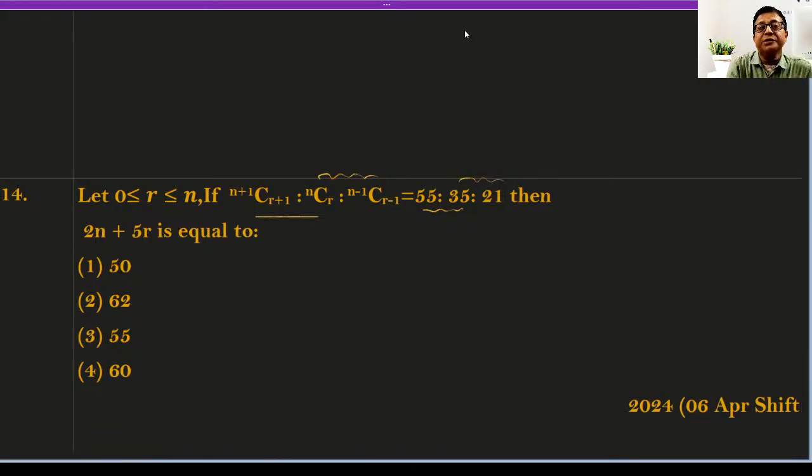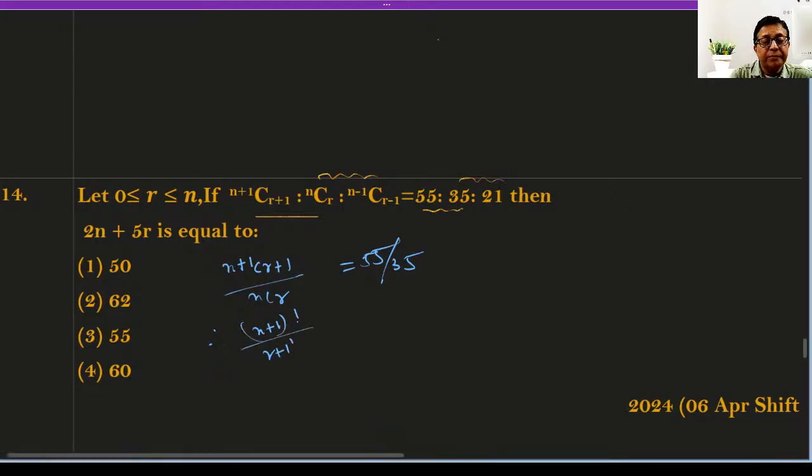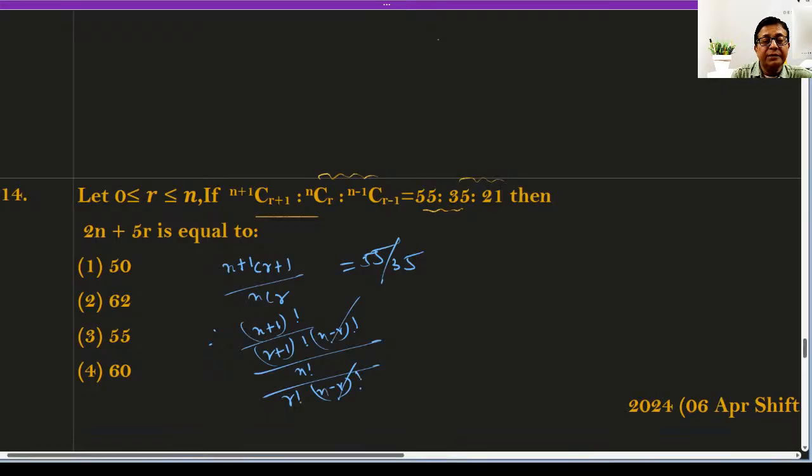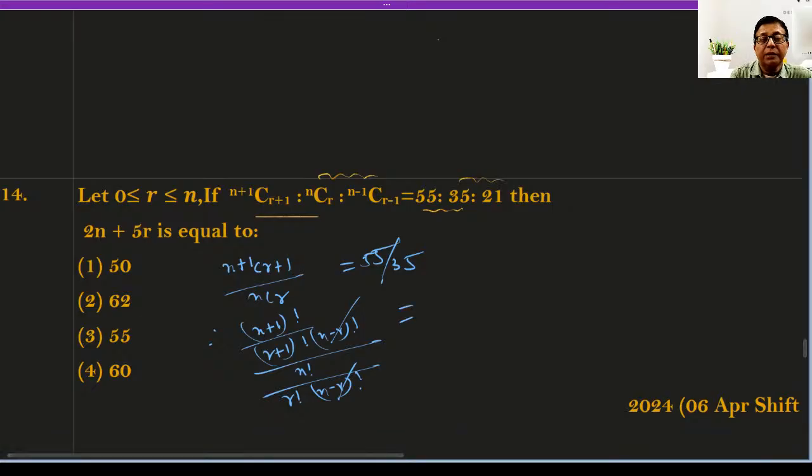So taking the first two ratios, this will be n plus 1 factorial divided by this. These two get cancelled, 5, 11 and 7.